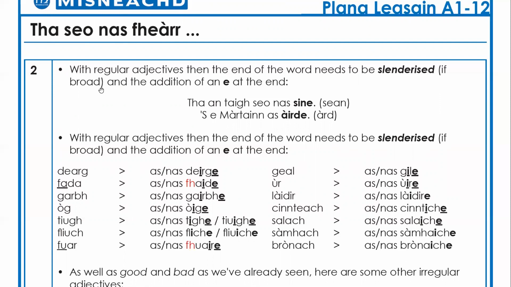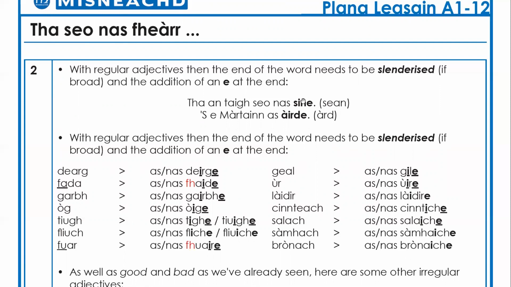So in addition to adding that before the adjective, we also slenderize the adjective itself and add an e. So tá an tATH seo níos sine. Is é Martin is airde. So we can see here nas sine, older, and that's coming from sean.